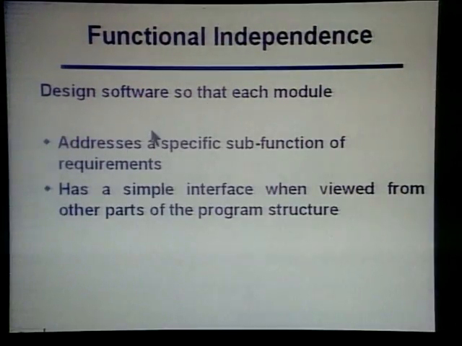Functional independence refers to the design of software such that each module addresses a specific subfunction of the requirements, and it has a simple interface when viewed from other parts of the program structure.